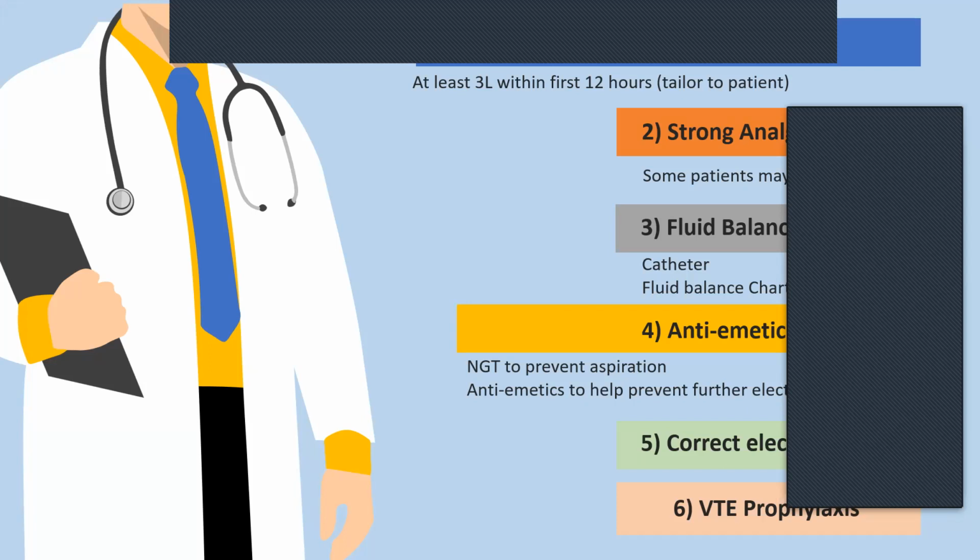This patient needs quite aggressive IV fluid resuscitation. It really depends on how much you give, but in a lot of the trusts, in a young to middle-aged healthy patient with no other significant comorbidities, you might consider around 3 liters within the first 12 hours.